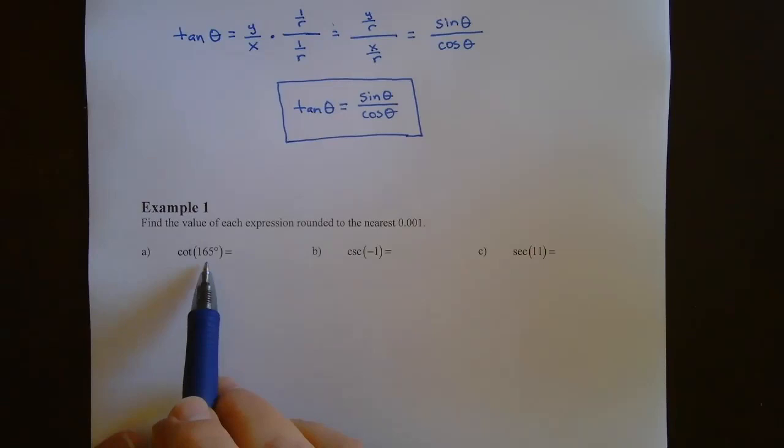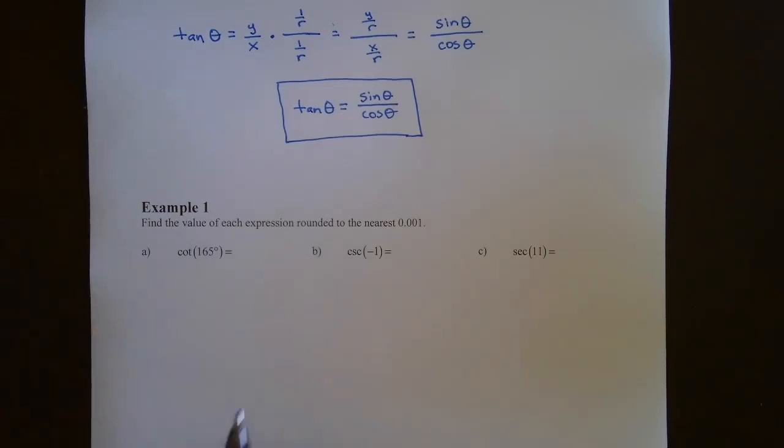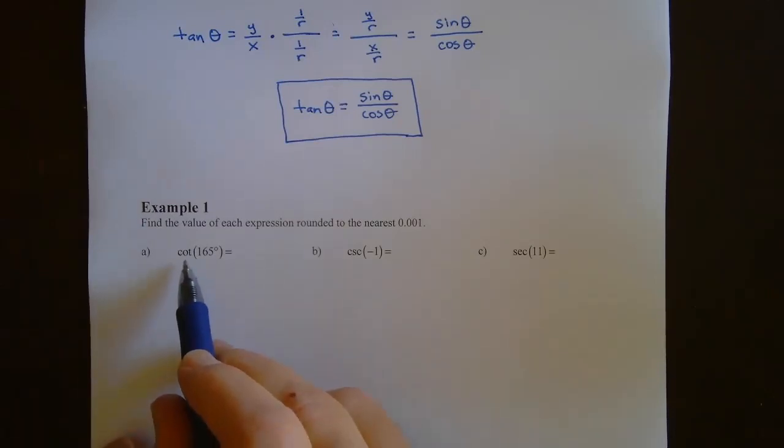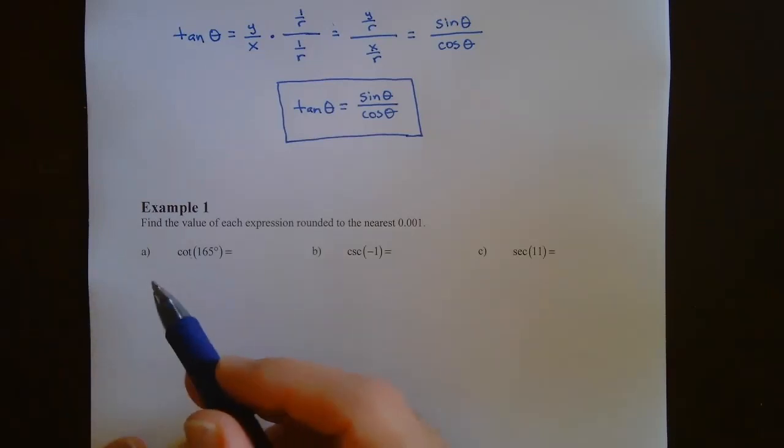Cotangent of 165 degrees. On our graphing calculators, and most calculators, you only have sine, cosine, and tangent. So there's no cotangent feature on most calculators. What that means is we've got to switch this. What do we know cotangent is? It's the reciprocal of tangent.